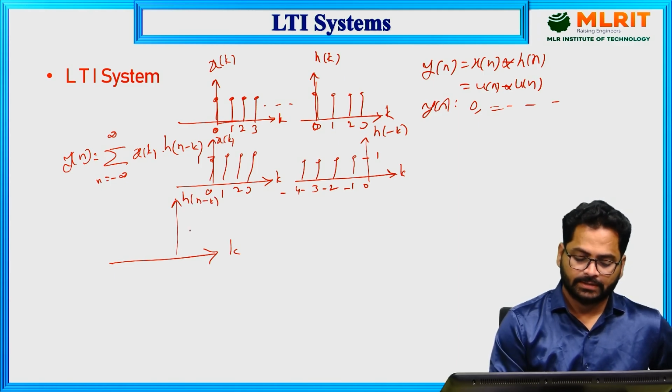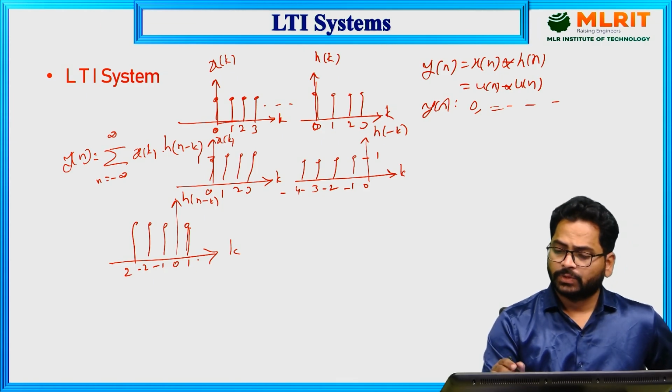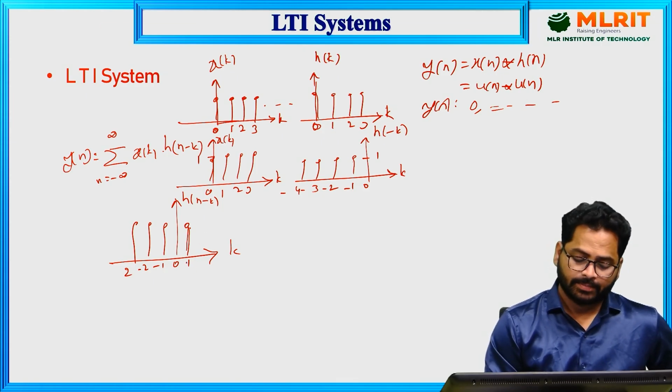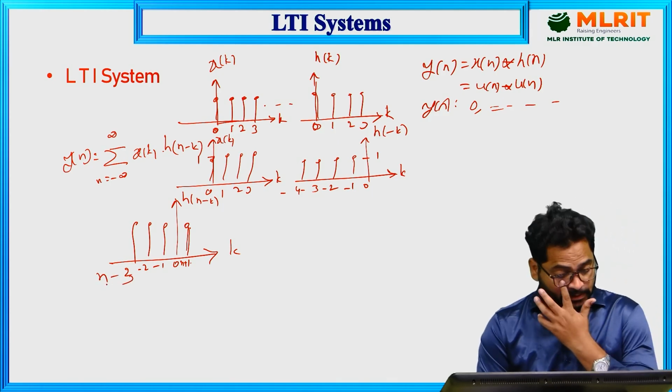So I'll take the units from this one: 0, 1, minus 1, minus 2, 2. Now I take k. Sorry, n units means n minus 1. Sorry, this is n plus 1. This is minus 3, n minus 3. N plus 1 and n minus 3.